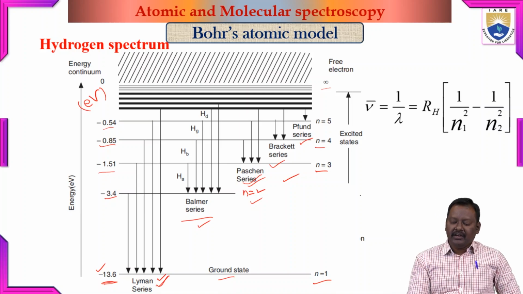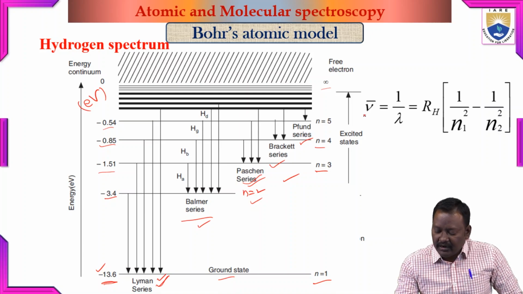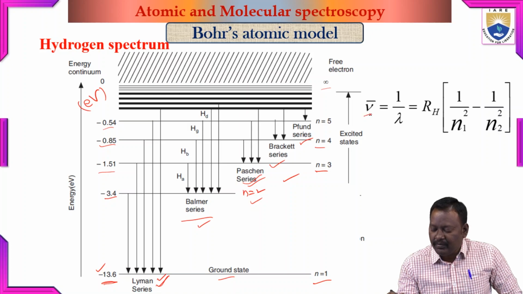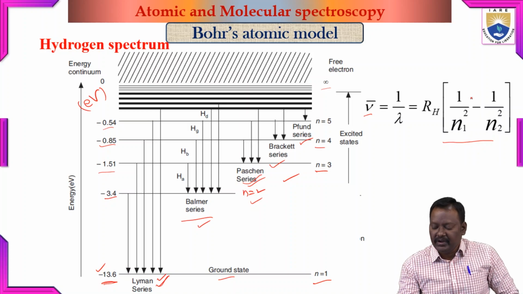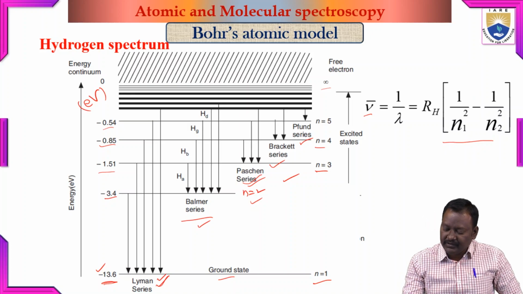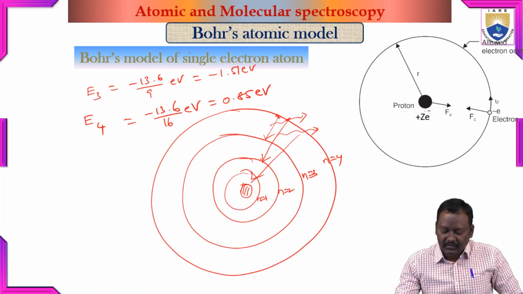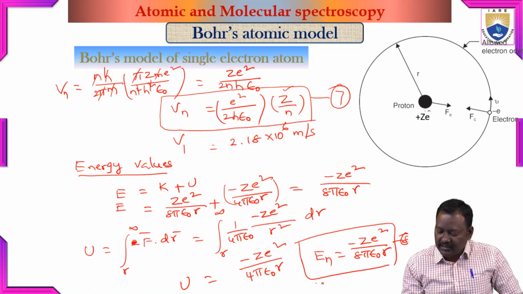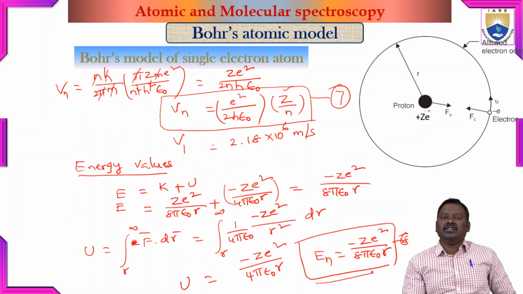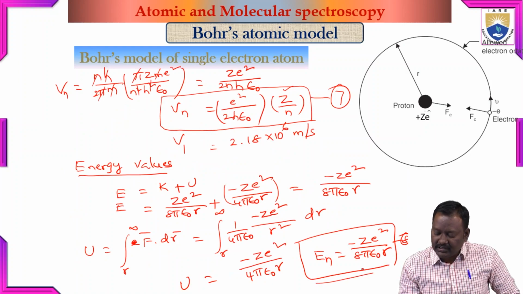So in this way, the atomic wave number is given by this formula. This formula is calculated from these energy values. According to Bohr's formula, energies of the electrons in different orbits are given by this formula.